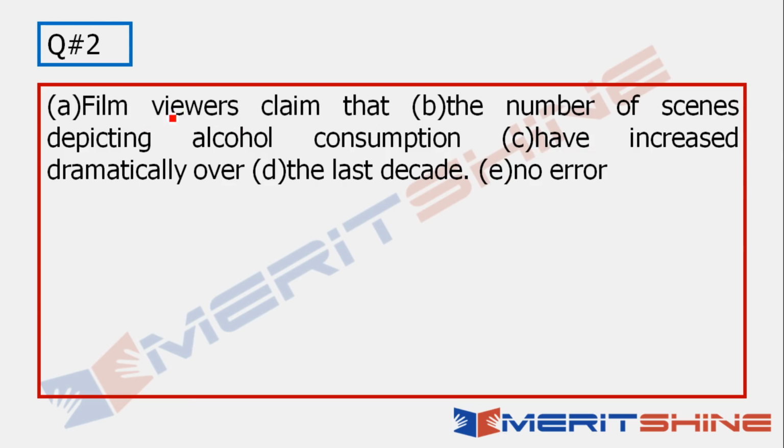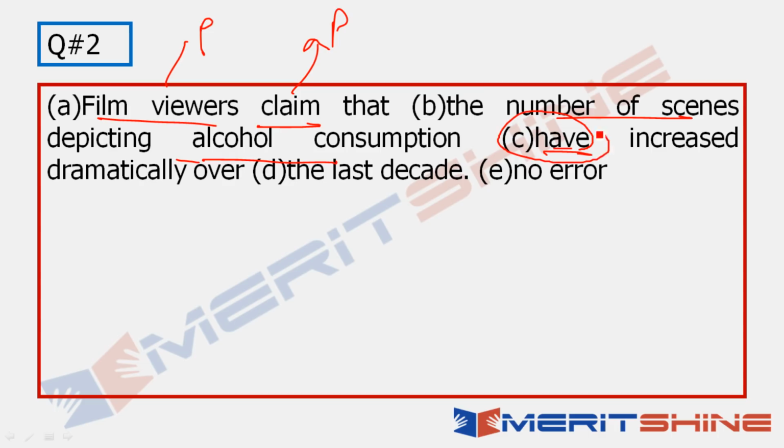Let's see. Film viewers. So this is film viewers, plural subject. Claim. So that's a plural verb. That the number of scenes, plural, depicting alcohol consumption, which is okay, have increased. Now this have is referring to which subject? The number of scenes. So the number is the subject here.